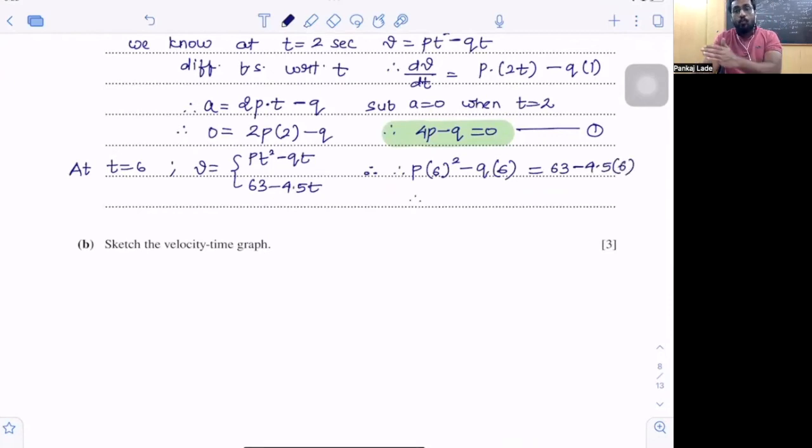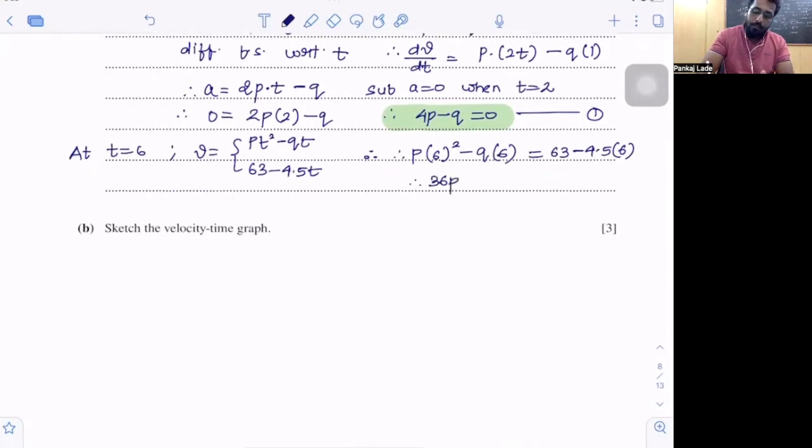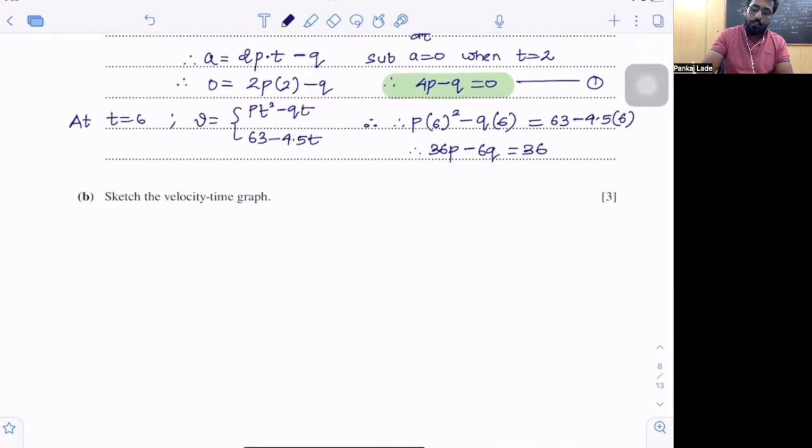So 36p minus 6q is equal to 63 minus 27, that gives me 36. I can divide throughout by 6, isn't it? So I get my equation as 6p minus q equal to 6. I'm going to call this equation 2.